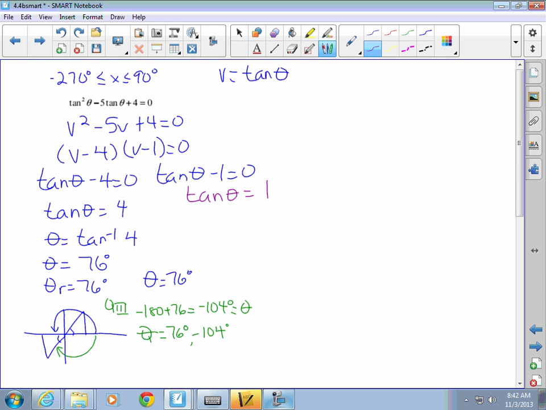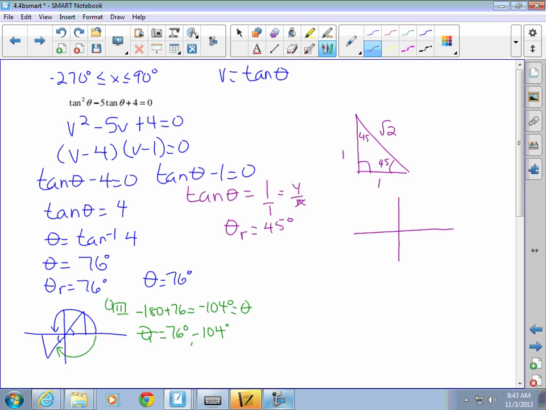Tangent of theta is y over x, or opposite over adjacent. That would mean that both my y and my x have to have a value of 1. This is the same as 1 over 1, so that only works when I have a 45, 45, 90 triangle, because it's 1, 1, square root 2. So for this one, my reference angle is equal to 45 degrees.